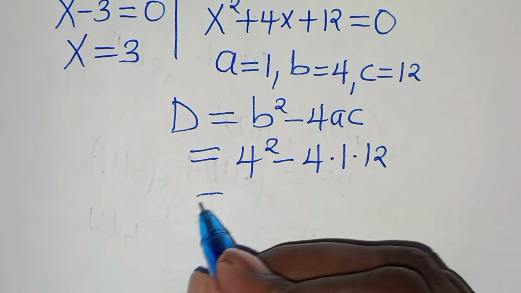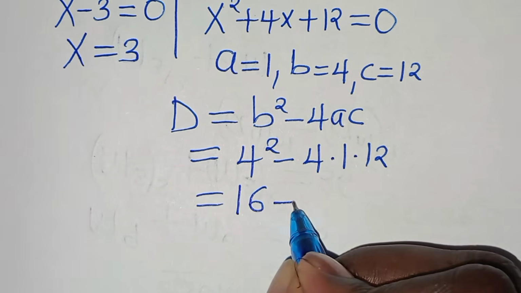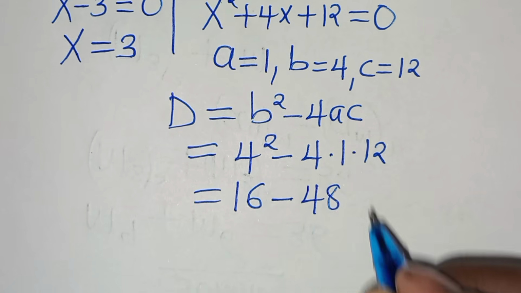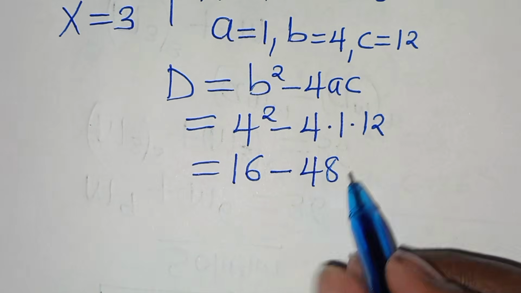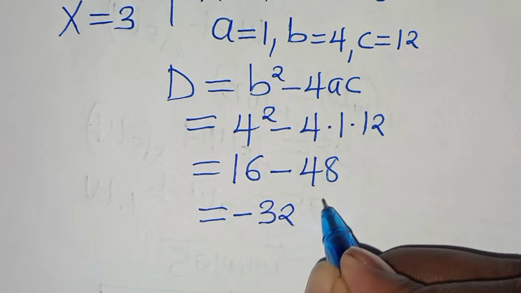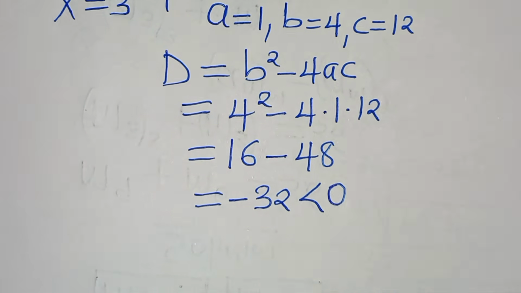Now, 4 squared is 16, minus 4 times 12, which is 48, so we have 16 minus 48, which is minus 32.